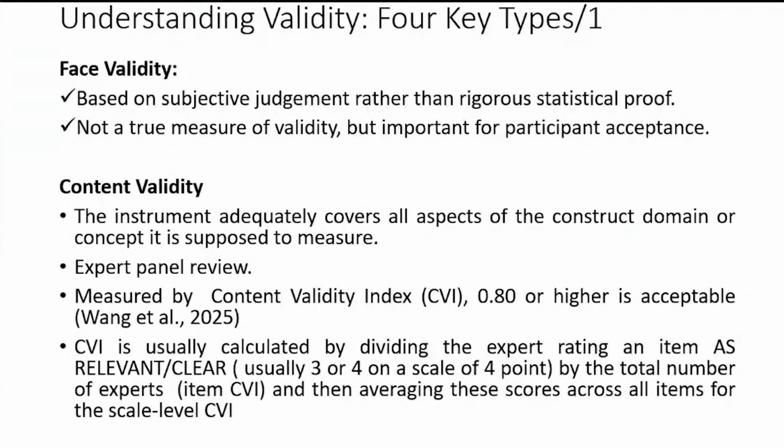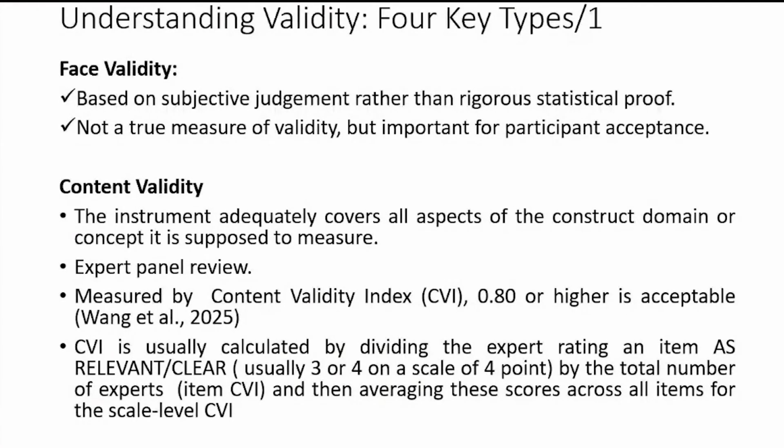That means by the time I have, let's say, 20 questions, and each of the questions was rated by, let's say, 4 experts. When you have question 1, somebody will rate it 2, someone will rate it 3, someone will rate it 4. If they are 4 in number, someone may rate it even 1. So when you add this together and you divide it by the total number of the experts, you have the content validity index for that question.